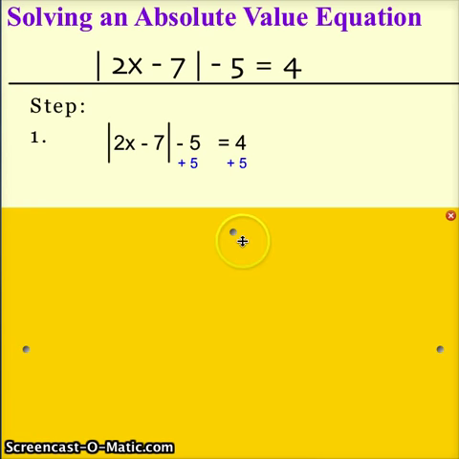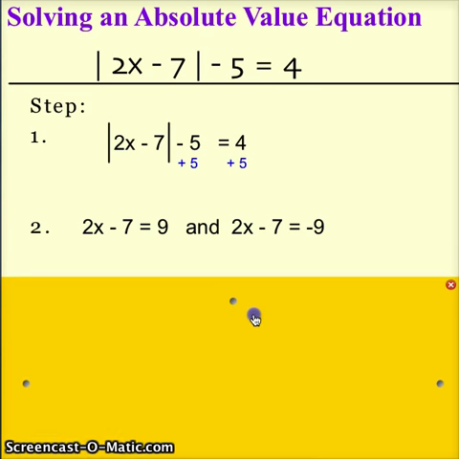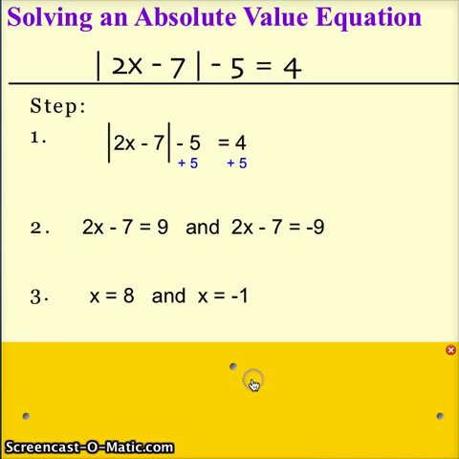Let's break this up into two separate equations. 2x minus 7 equals 9, and 2x minus 7 equals negative 9. Let's add 7 to both sides and then divide by 2. 9 plus 7 equals 16 divided by 2 equals 8, and negative 9 plus 7 equals negative 2 divided by 2 equals negative 1.